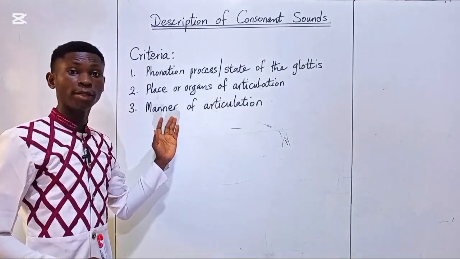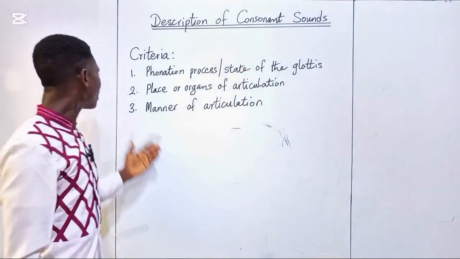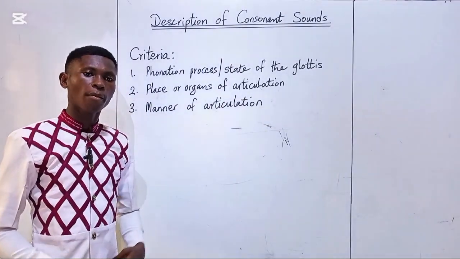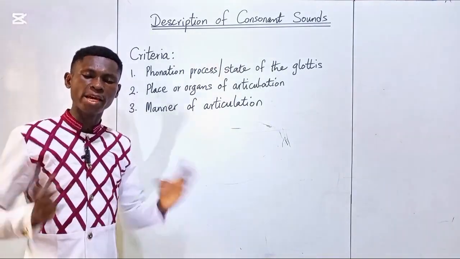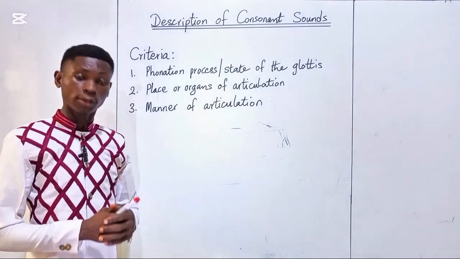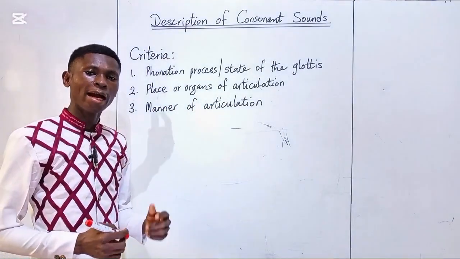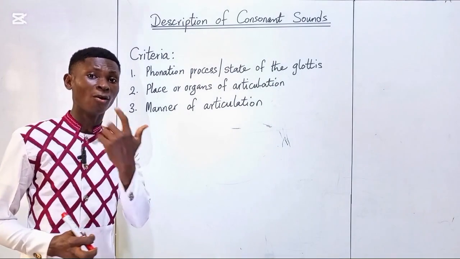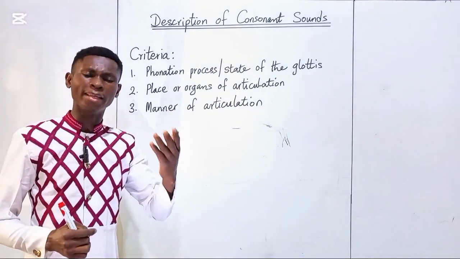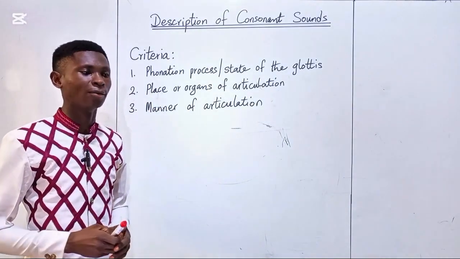Alright, the third criterion for the description of consonant sound is manner of articulation. Manner has to do with behavior or attitude of something. So when we are talking about manner of articulation, we are not really referring to the manner of the person speaking, rather the manner of the organs of speech involved in the articulation of sound.